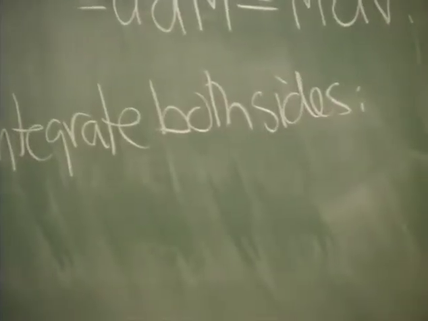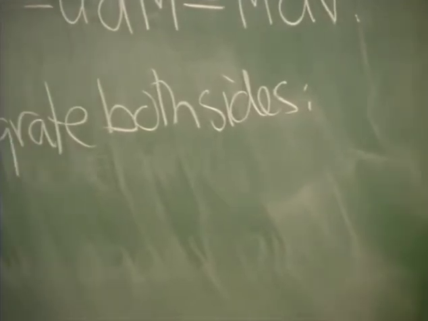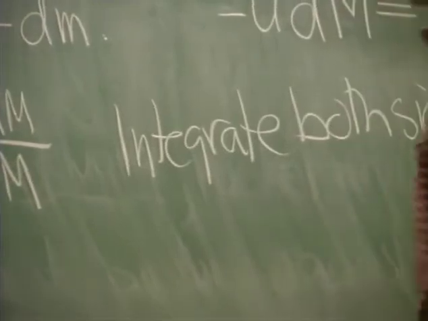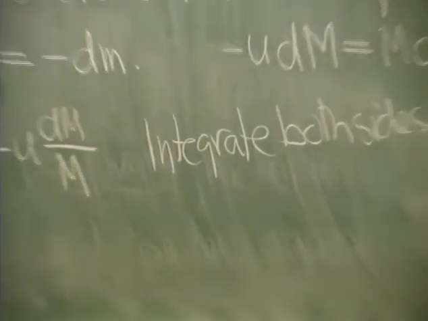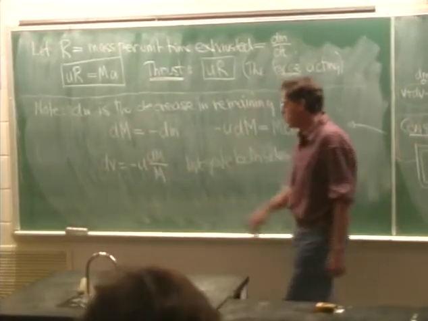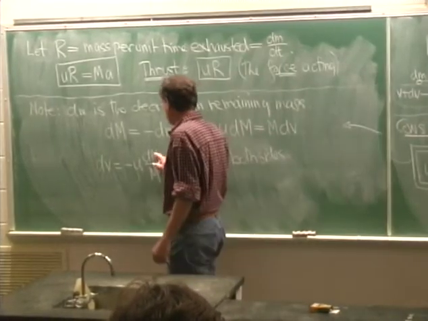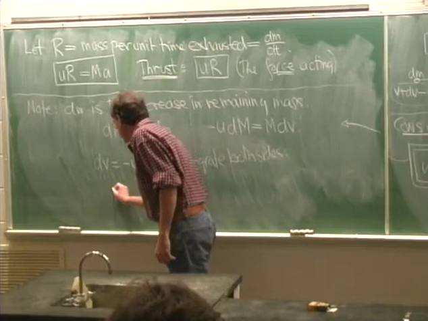This is a technique that in more advanced physics you see happening all the time. It's probably the first time you've encountered it. But it's a nice application of calculus, not anything fancy.